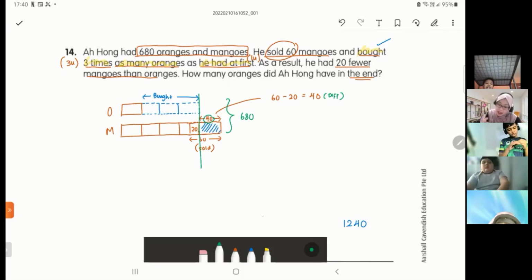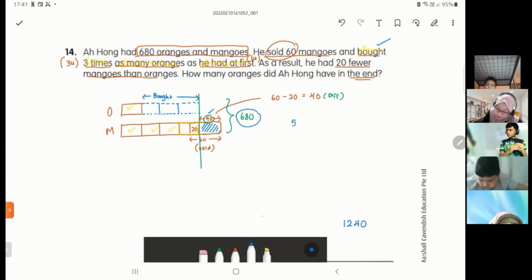Okay, now let's find out how many units are there in all. There is 1, 2, 3, 4, and this one 5. Can you see? Okay, so the 5 units including the 40 here is equal to 680.